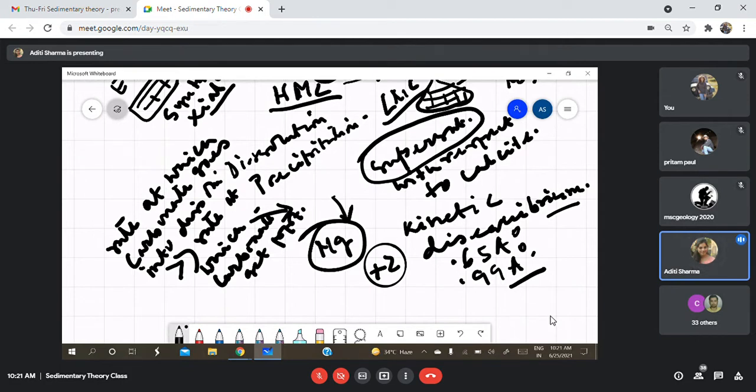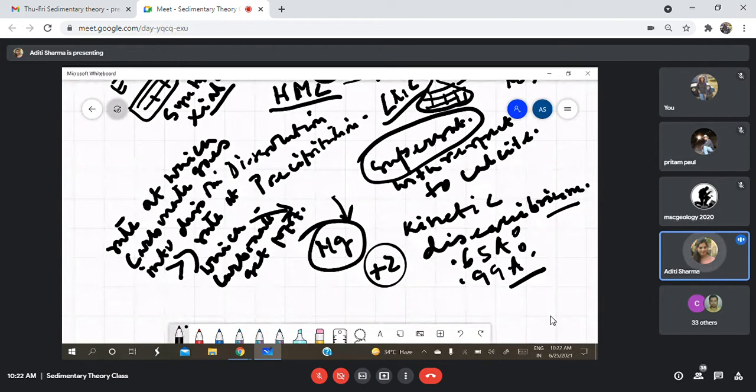Now, I am saying that when we see the seawater or the shallow marine water, they are normally supersaturated with respect to calcite. Now, why is this supersaturated with respect to calcite? If it is supersaturated, why is it not depositing calcite? Why is it remaining supersaturated?